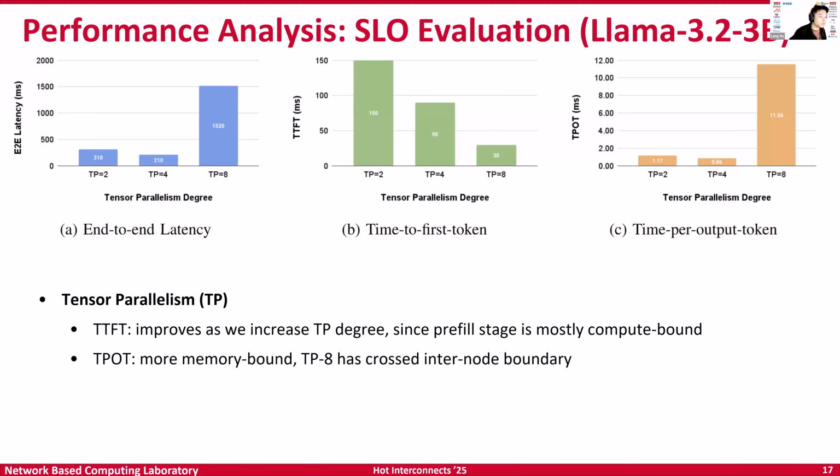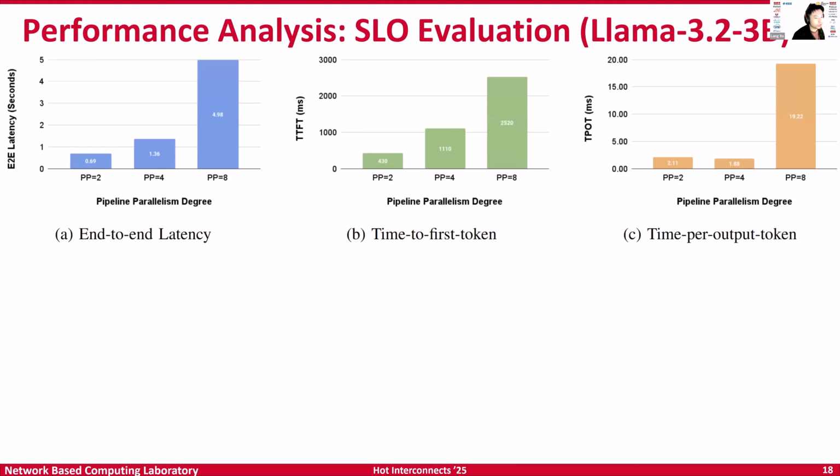So if we look at pipeline parallelism, which is really sensitive to latency metrics, if we scale up the prefill stage from within a node to across nodes, it actually increases the time to first token because we are creating more links and more data dependencies.